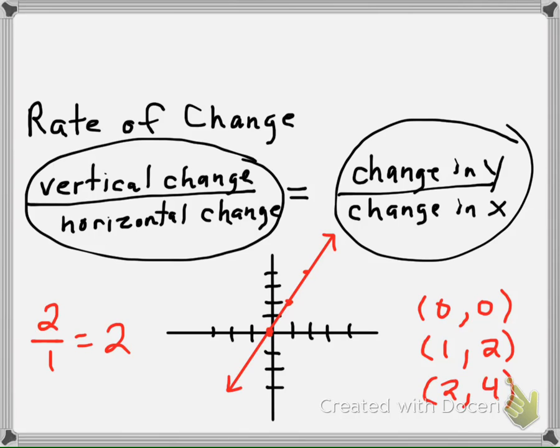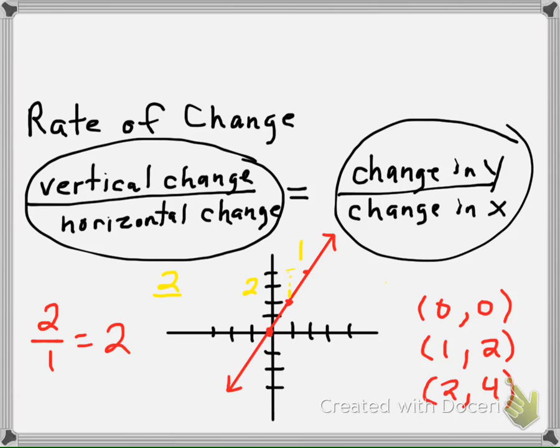Now, I could also look at the graph. If I'm looking from, let's say, this point to this point, then I can just count how far up does this go. Well, it goes up 2. And then how far over does it go? Well, it goes over 1. So that means my vertical change was 2.